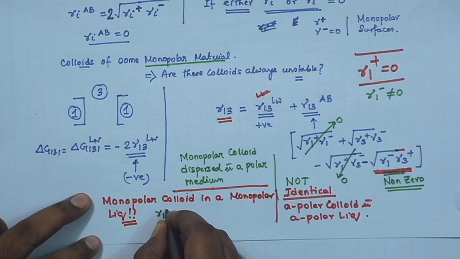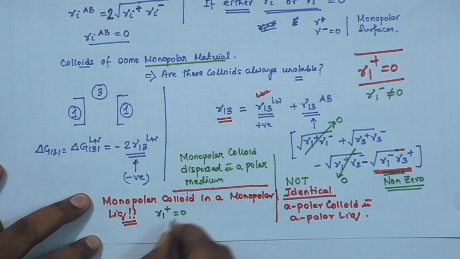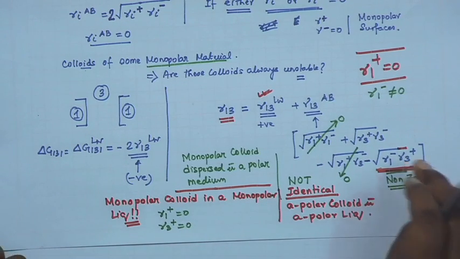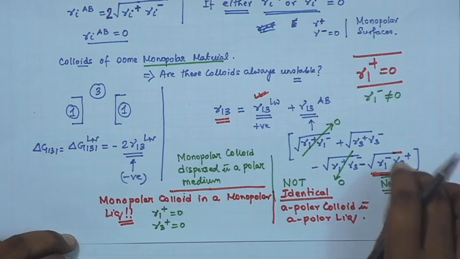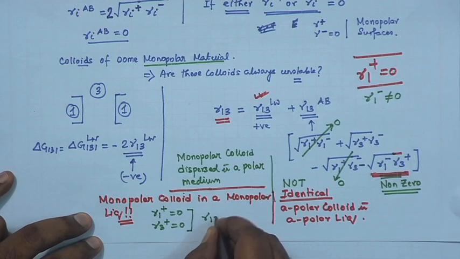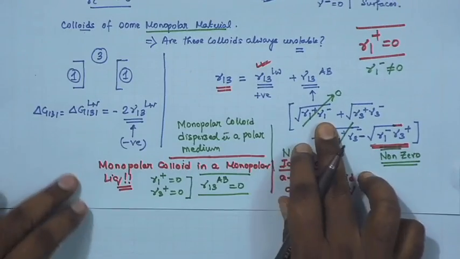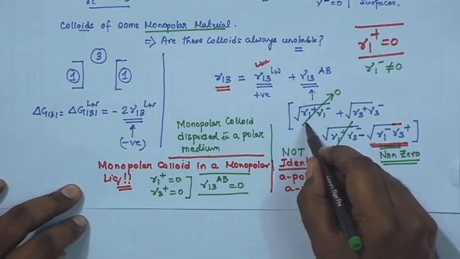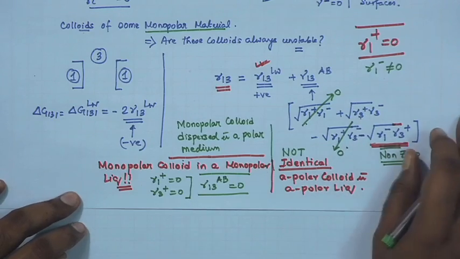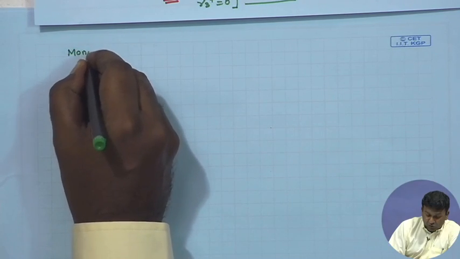Well, if it turns out that gamma 1 plus is 0 and gamma 3 plus is also 0, then of course all the terms are zero. So, there is actually no contribution of gamma 1,3 AB, it will tend to 0. Why? It is very obvious. Look at the expression, gamma 1 plus makes this term and this term 0, gamma 3 plus makes this term and this term 0.